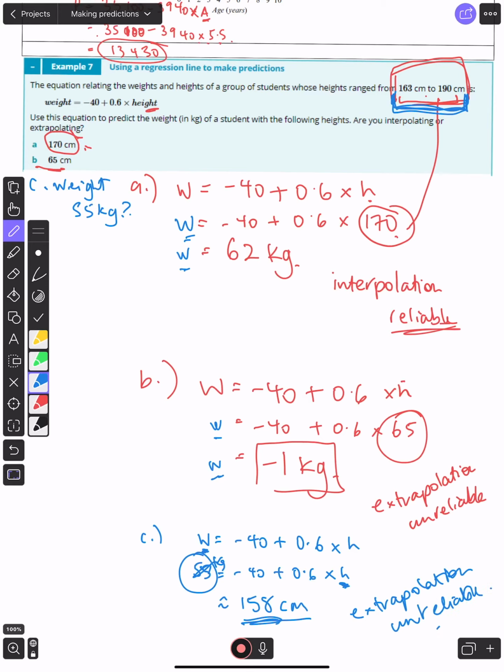Hopefully this has helped clear up making predictions using your least squares regression equation. This was really important for year 12 as well. It's not a difficult thing to do once you get your head around it. Just practice and use your calculator. It is your friend. And it will be really useful if you go off and study statistics.